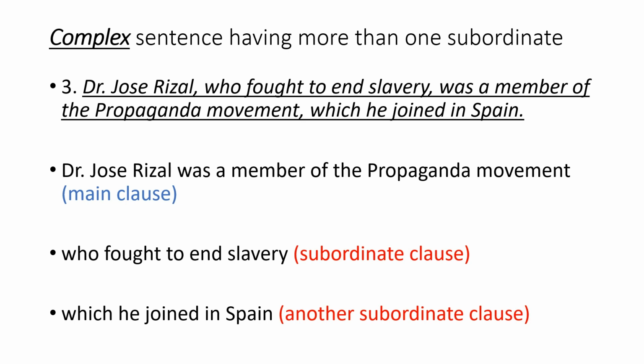Who fought to end slavery is a subordinate clause, and which he joined in Spain is another subordinate clause. You can see that the sentence is composed of one main clause and two subordinate clauses. Thus, it is a complex sentence.